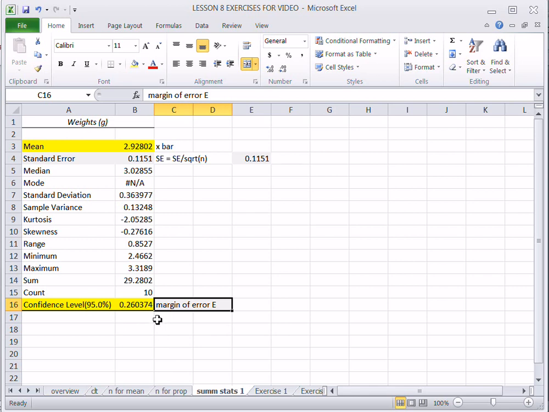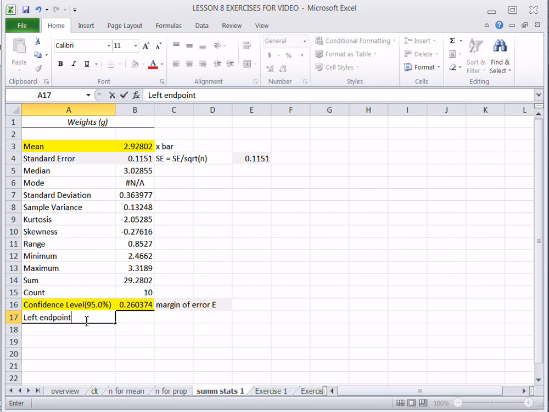So let's go straight to that. To find the confidence interval, we want our left endpoint, which is found by simply taking our sample mean x bar and subtracting the margin of error, and the right endpoint, which is found by taking the sample mean x bar and adding the margin of error.